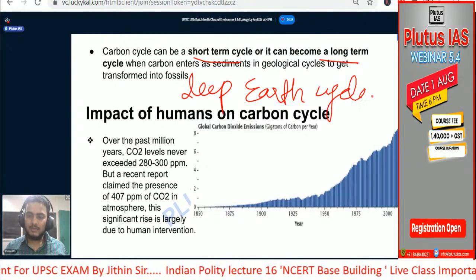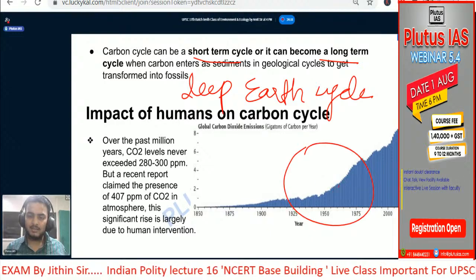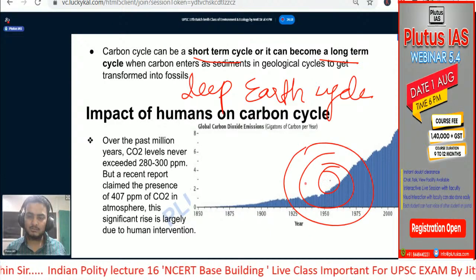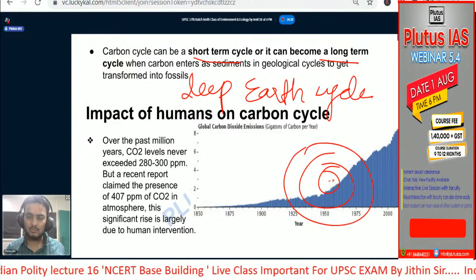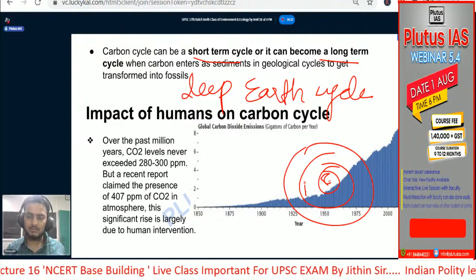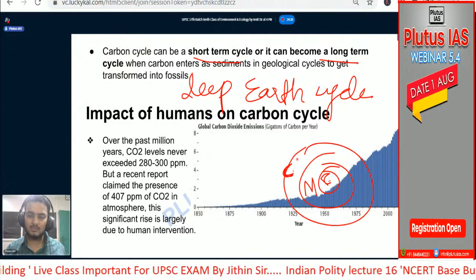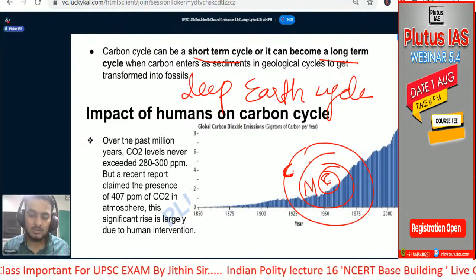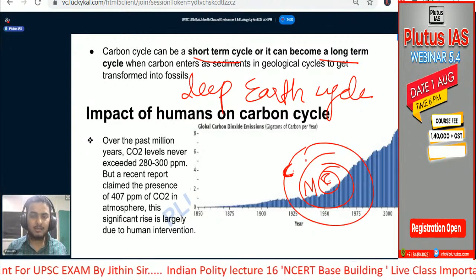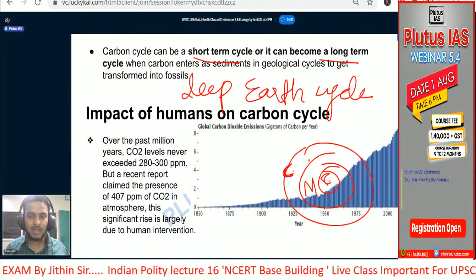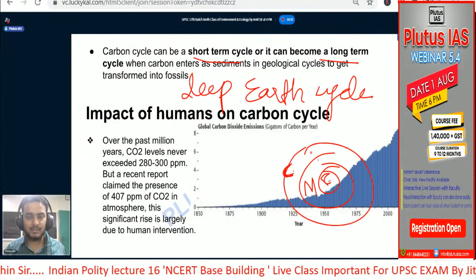You might have heard that Earth has three layers: this is core, then this is mantle, and here we have crust as the outer layer. It is assumed that in mantle we have almost 1,000 times more carbon present than on the crust.